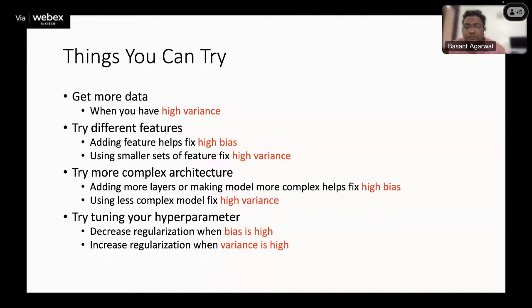Adding a more complex architecture will help in reducing the bias, while a less complex model is desirable for the overfitting problem. And regularization, as we discussed, helps with overfitting.